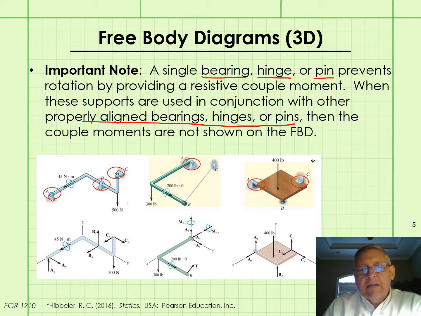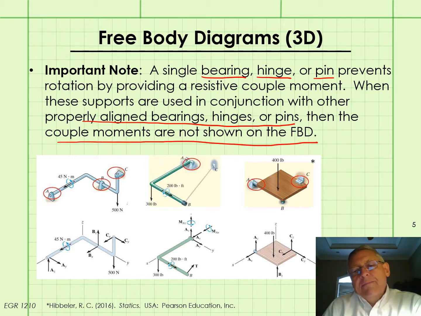In these cases, the forces provided at the supports are adequate to support the rigid body and provide equilibrium. And in those cases, we're not going to show the couple moments on the free body diagram.